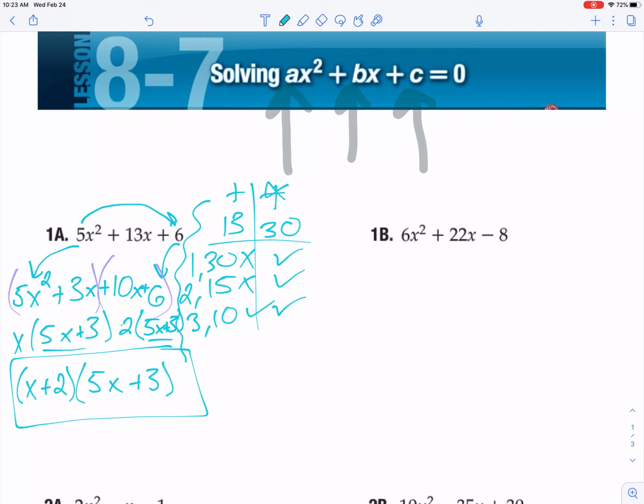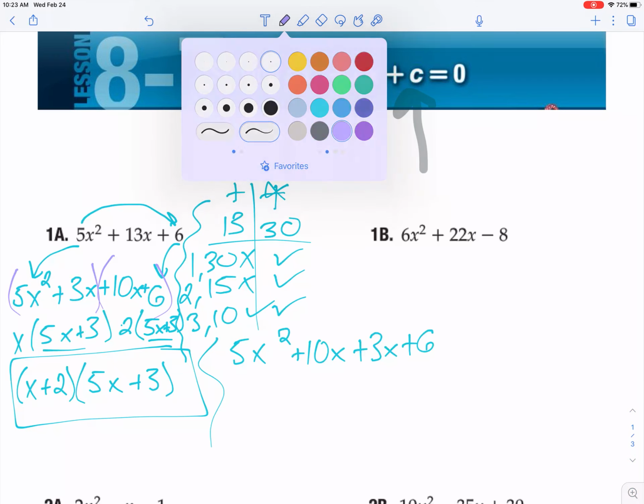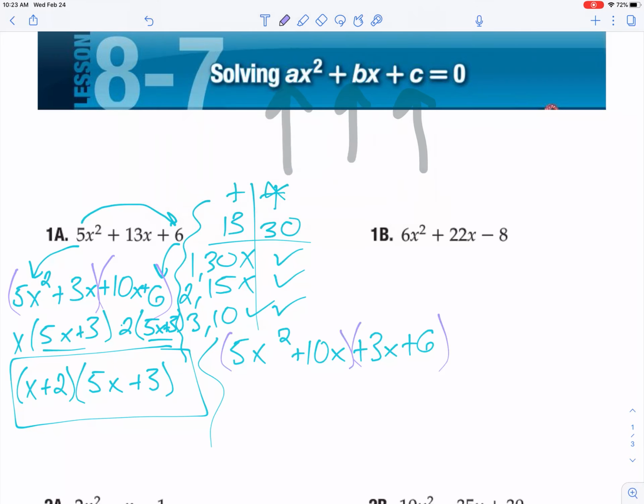Hey, by the way, what would have happened if instead you wrote it like this, with the 10x, then the 3x? Oops, that's a plus 6, isn't it? Well, you still would have done your factor by grouping. And now on the first set of parentheses, I can take out a 5x, which leaves me with an x plus 2.